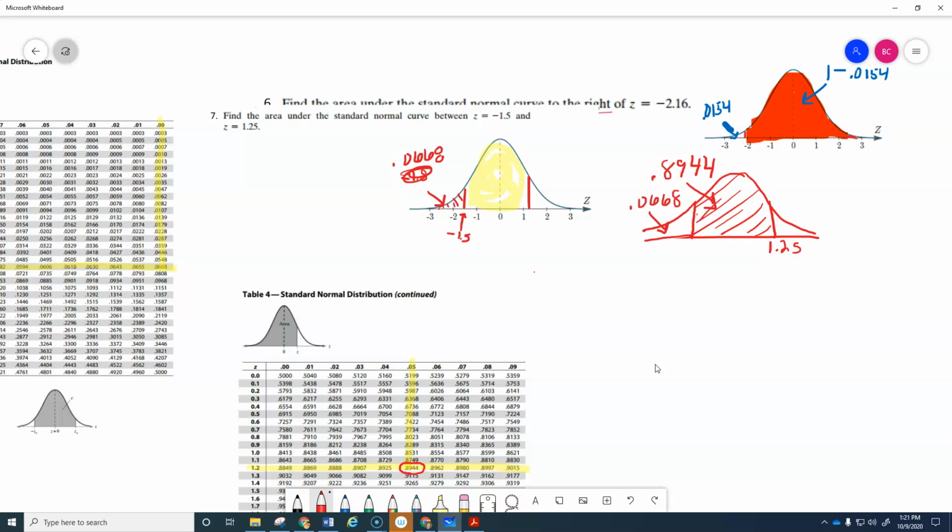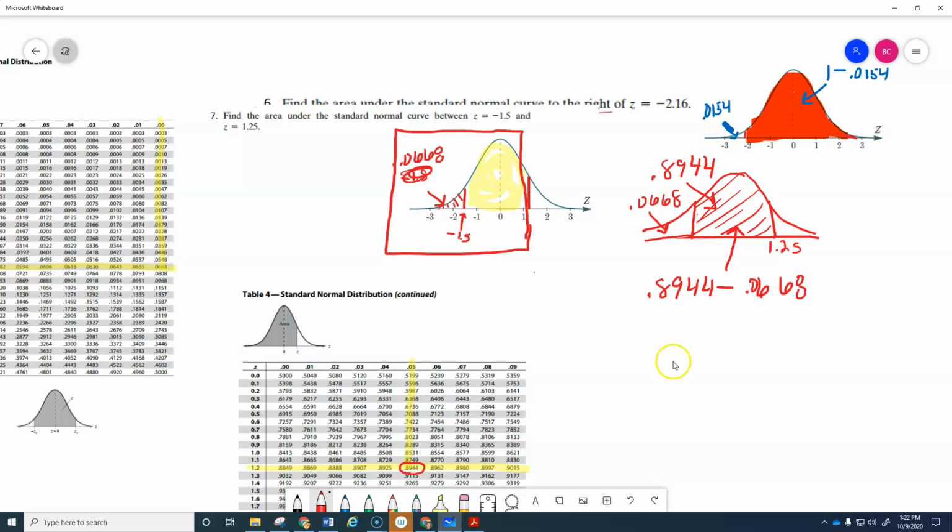So in order for me to get just this part, I take that 0.8944 and I subtract away this 0.0668. That's the part that I want to take away. Take all of that, which is 0.8944, and then subtract away the 0.0668, and you'll get what's left right there in the middle.